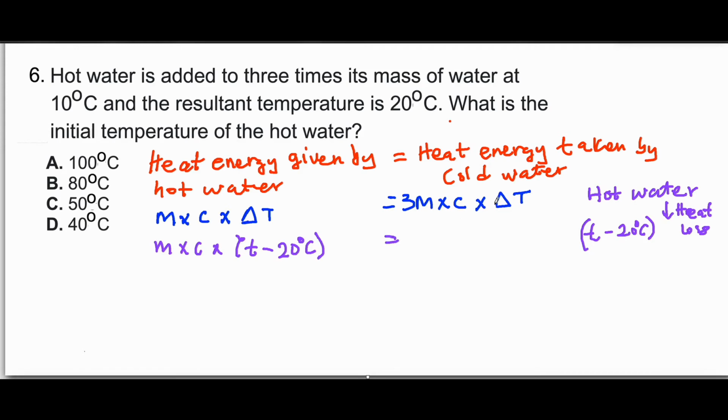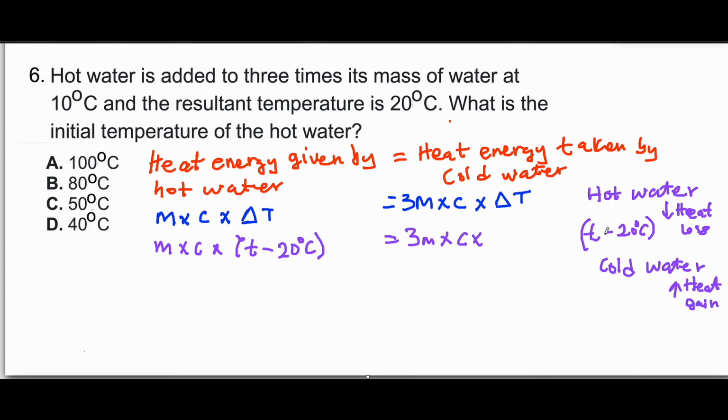And on the other hand, the heat energy taken by the cold water, what happened are the changes in temperature. What really happened? Okay, let's check that out. So the cold water gained heat energy. It gained heat. All right, heat was gained.